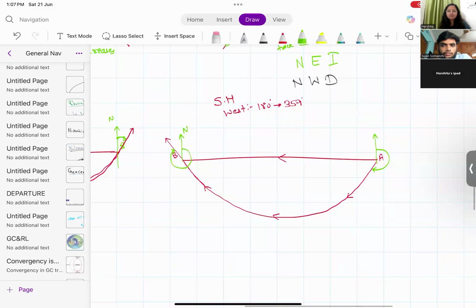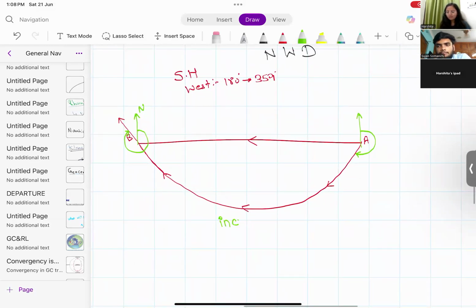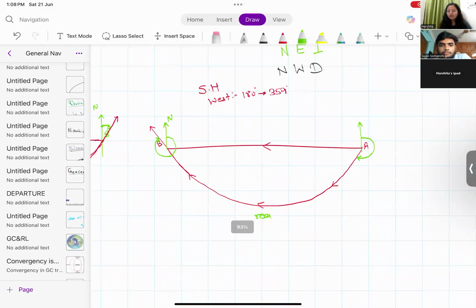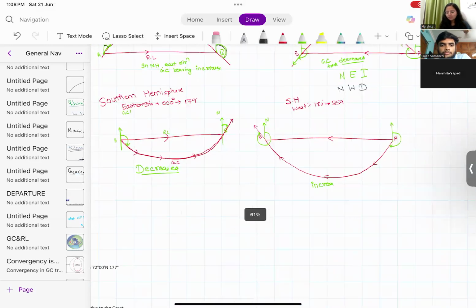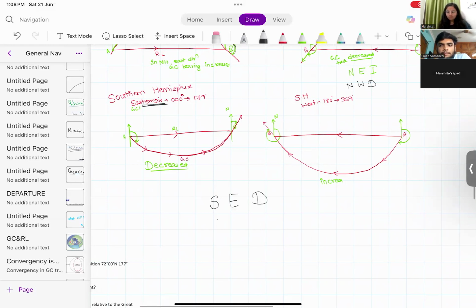Do you see the difference? Is it increasing or decreasing? Increasing. Perfect. So can I again make a note that if I'm going in the southern hemisphere in the eastern direction, my track will decrease, and if I'm going in the southern hemisphere in the western direction, it will increase.